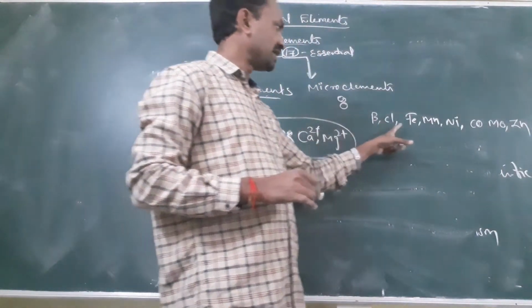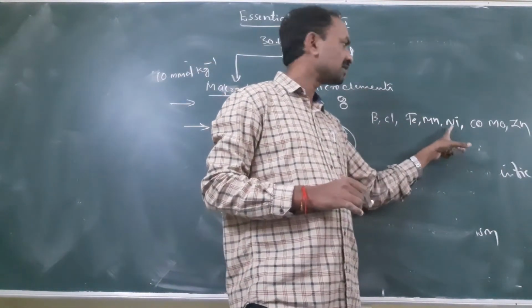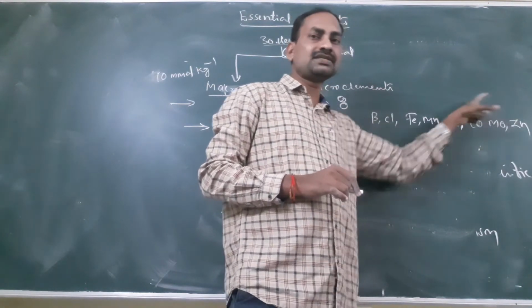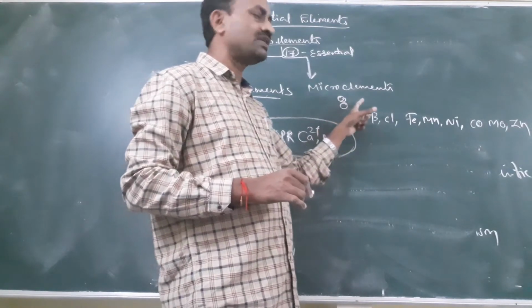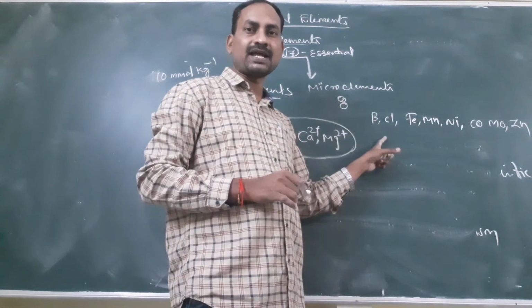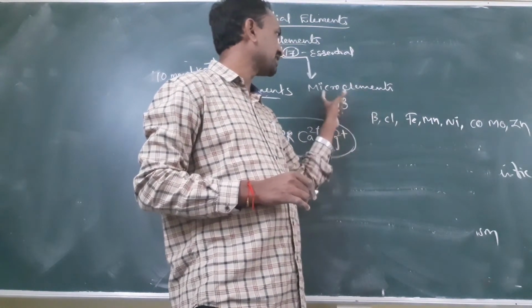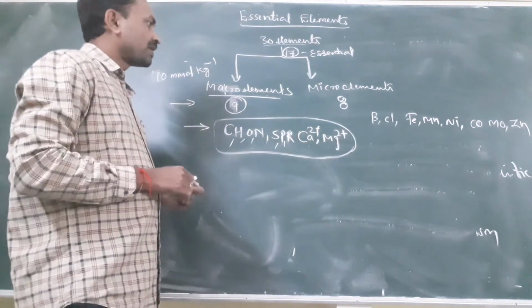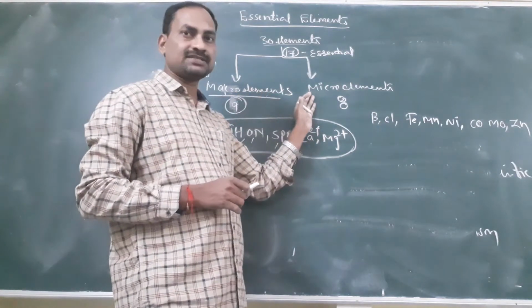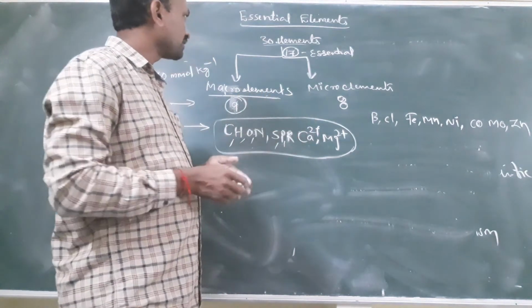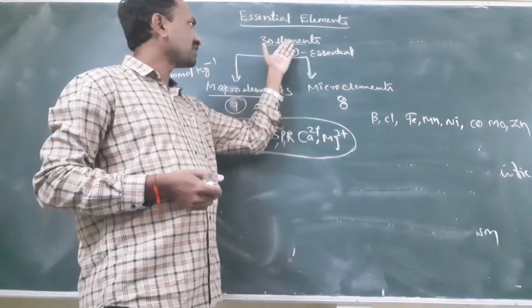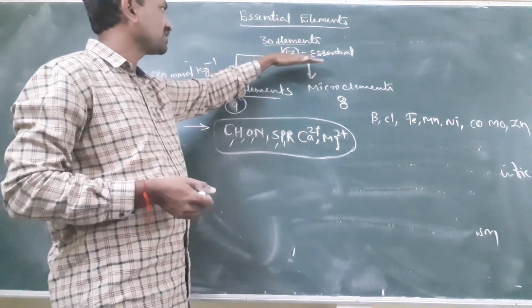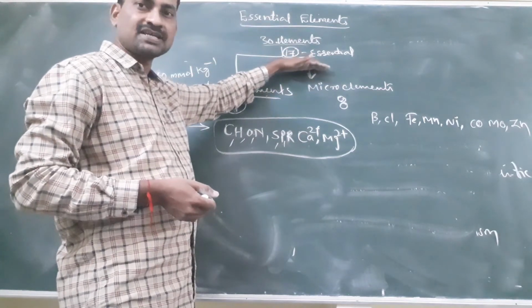All these are required at less than 10 millimolar per kg dry weight of the plant, so they are included in the category of micro elements. These are the macro and micro elements. I told you 17 of the 30 elements discovered so far in plants are essential.